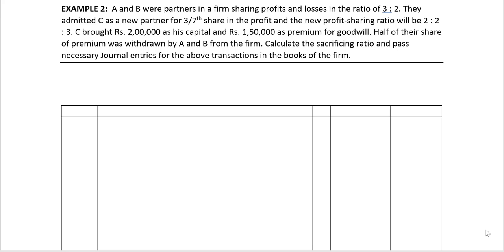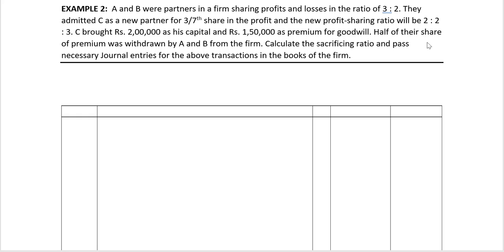Example 2. A and B were partners in a firm sharing profits and losses in the ratio of 3:2. They admitted C as a new partner for 3/7 share in profit, and the new profit sharing ratio will be 2:2:3. C brought rupees 2 lakh as his capital and rupees 1,50,000 as premium for goodwill.